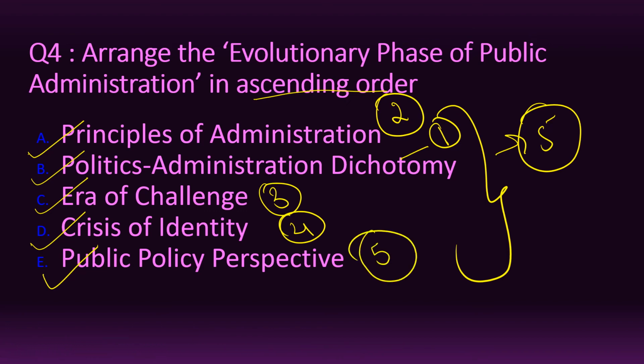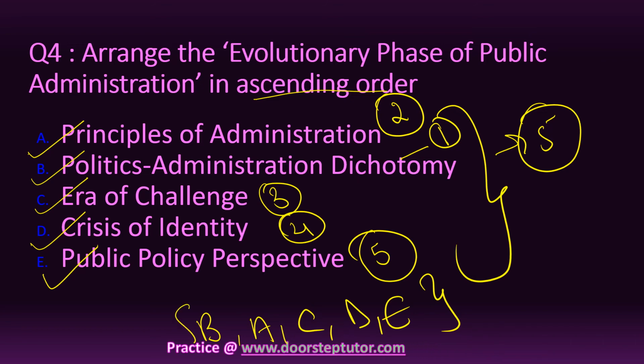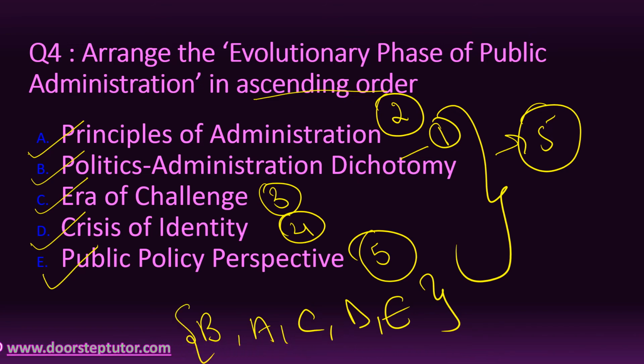So from the options, the order is B, then A, then C, then D, and then E. So first came the politics-administration dichotomy, then the principles of administration, then the era of challenge, then the crisis of identity, and last the public policy perspective.